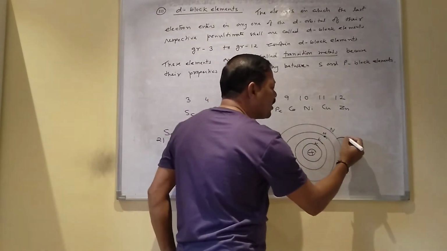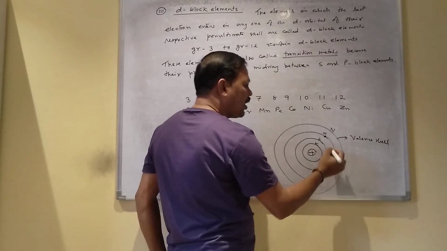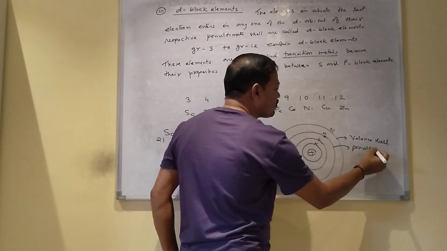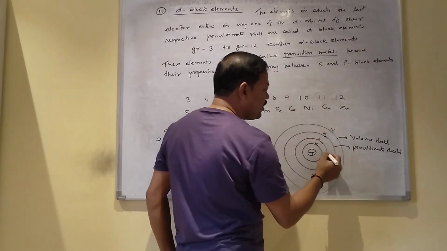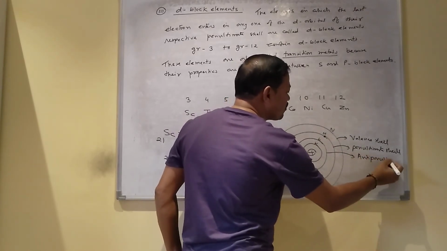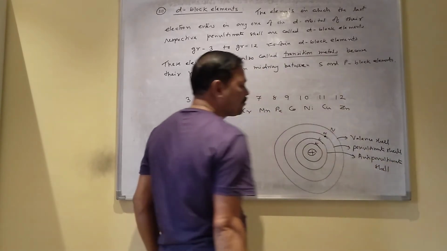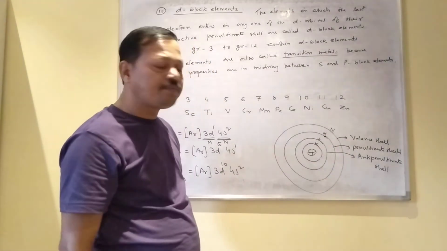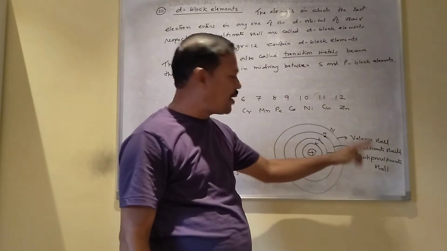The outermost cell is called the valence cell. The next one is called the penultimate cell.